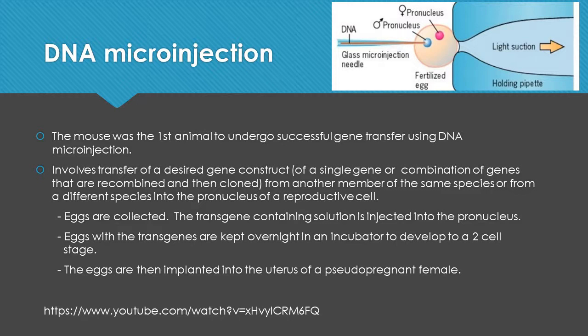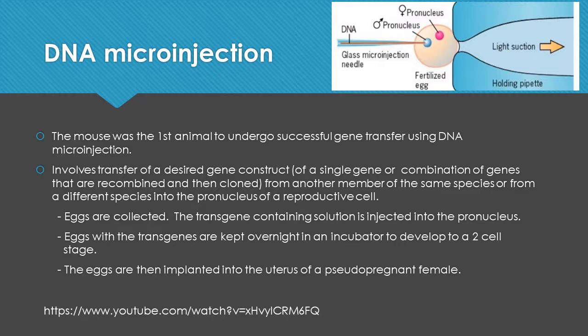The gene construct can be a single gene or combination of genes from another member of the same species or from different species. Nowadays, commercial gene constructs made by scientists are available, and you can purchase them for your research.